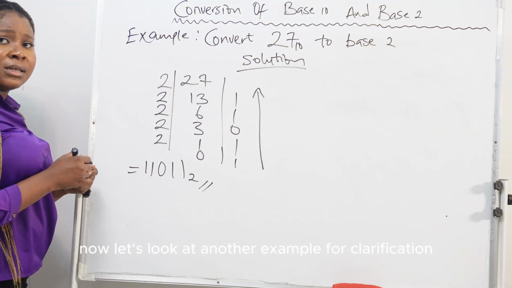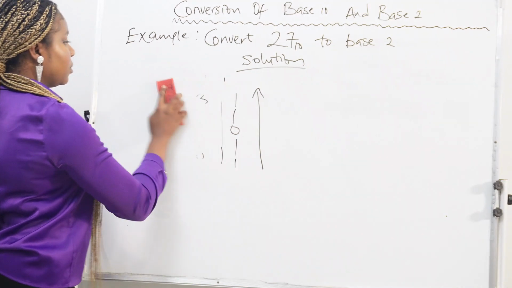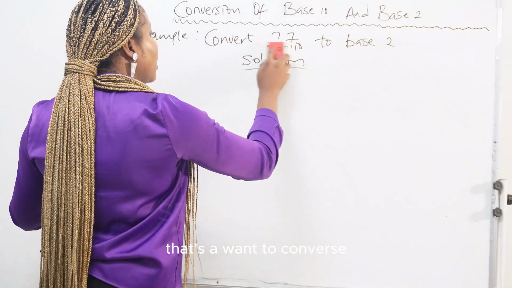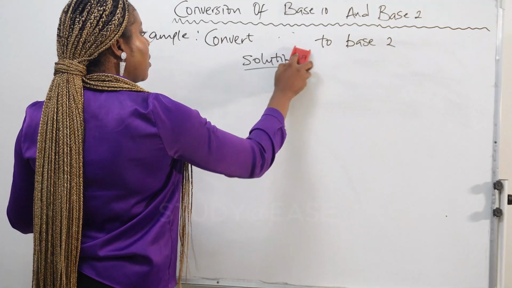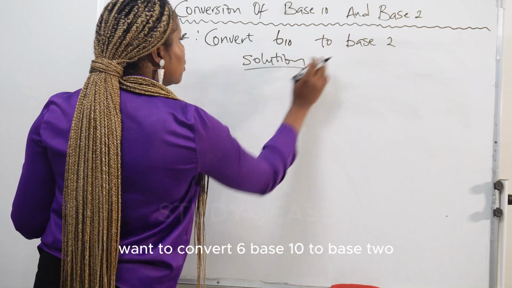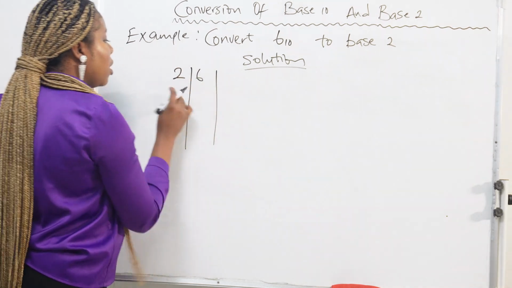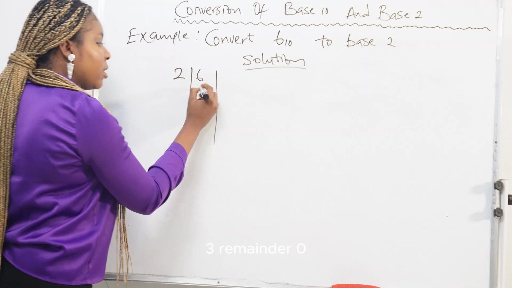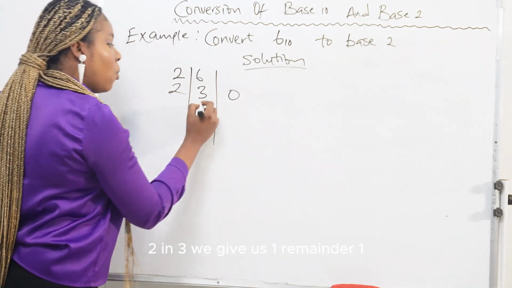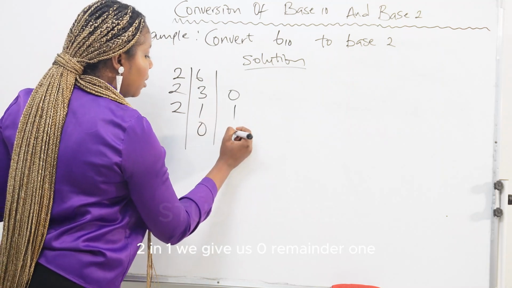Now let's look at another example for clarification. Let's say I want to convert 6 BASE10 to BASE2. 2 into 6 will give us 3 remainder 0. 2 in 3 will give us 1 remainder 1. 2 in 1 will give us 0 remainder 1.